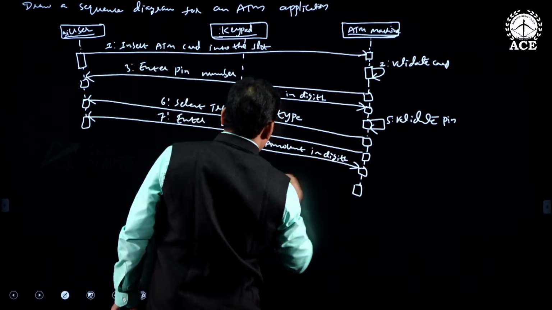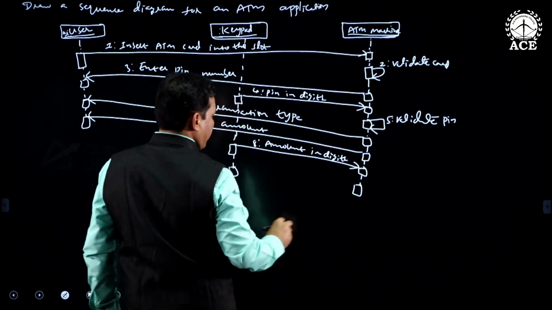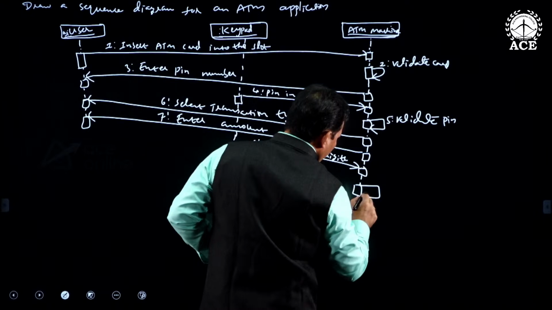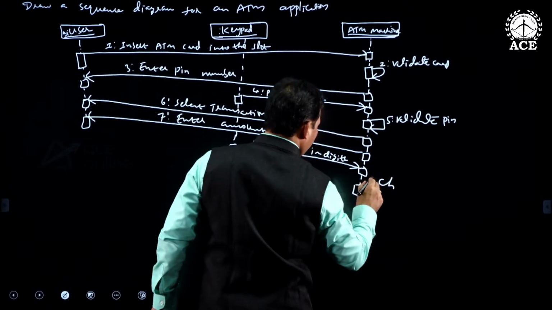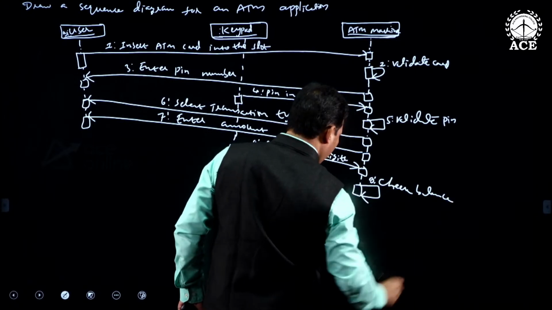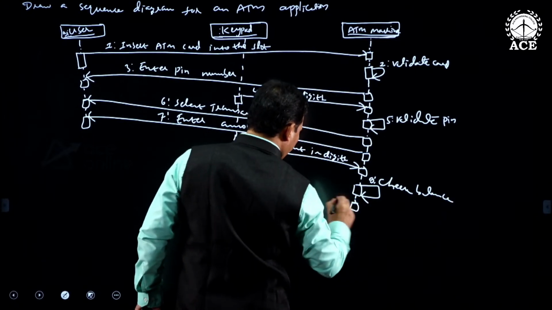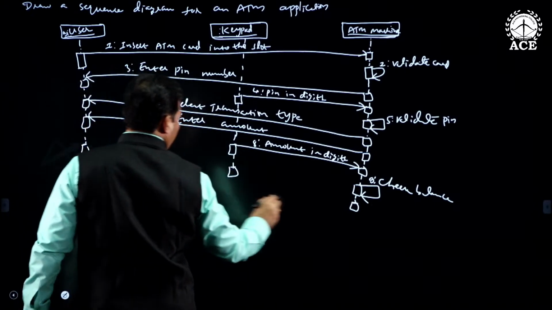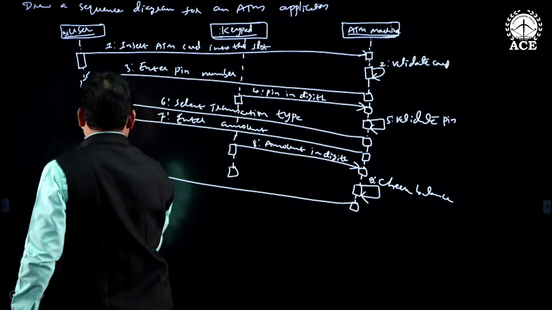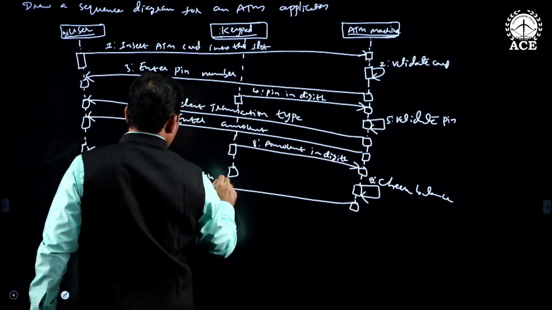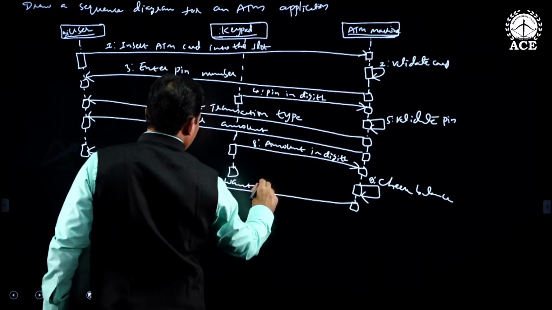Once the amount is entered by the user, we check whether the user has sufficient balance or not. Check balance. What will take place here? The ATM machine will connect to the database, checking the balance. If they have sufficient balance, then the ATM machine will ask the user, do you want a receipt?